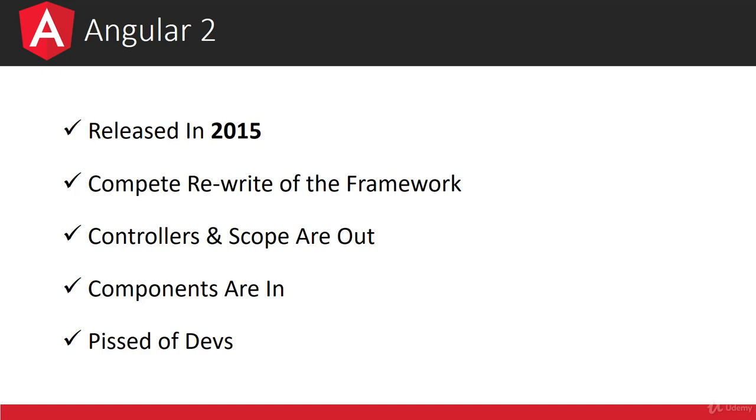And you did have some pissed off developers because, if you think about it, if you have been working with AngularJS and you have a bunch of clients where you've built applications for them in this framework, and then the new version comes out and it's completely different. There's no backward compatibility. I guess you could upgrade it to Angular 2, but it's basically like rewriting the entire application in a new framework. So you did have a lot of pissed off developers, and some people just did away with Angular completely.